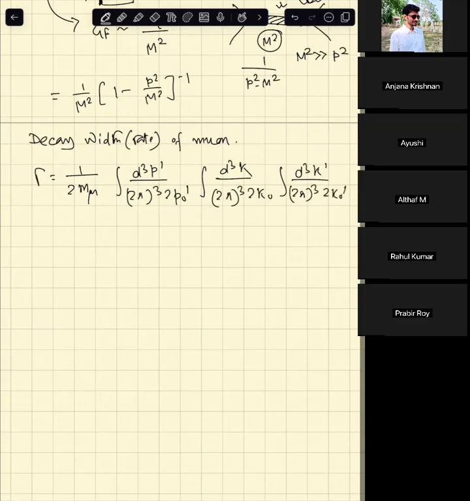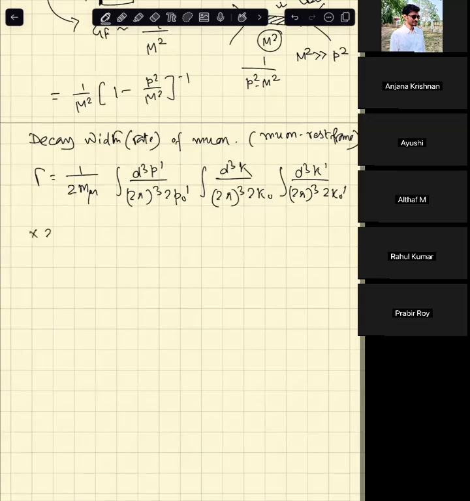So this is the three body phase space part. And here, instead of the energy of the muon, we are replacing it by the mass of the muon, because we are working in the muon rest frame, and that will not alter any of our conclusions. So you can always go to the muon rest frame here.